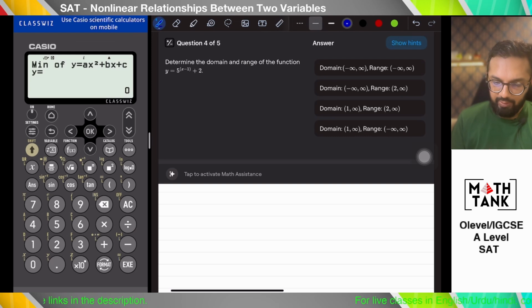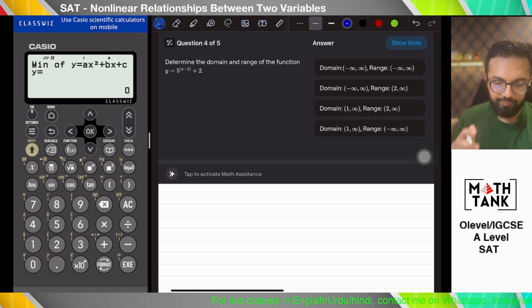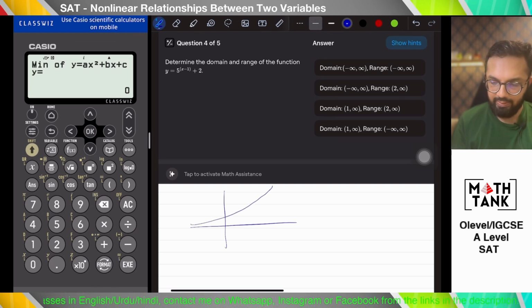Range of the function. So this is an exponential function. Okay, the exponential functions never touch the x-axis generally. So the domain has to be from minus infinity to infinity. That's not a problem. But where is the function starting?